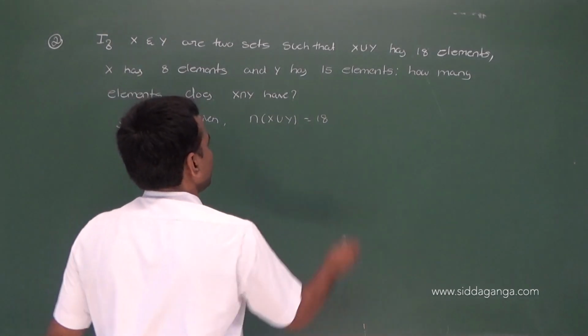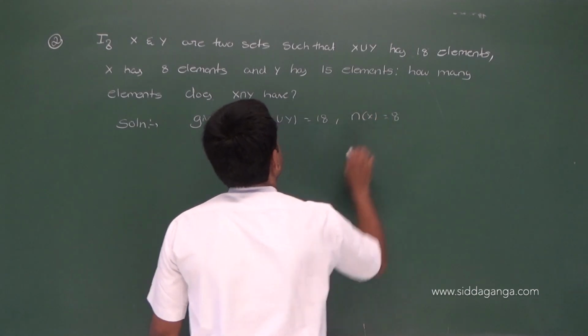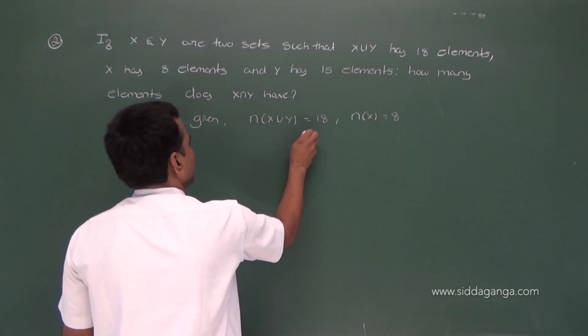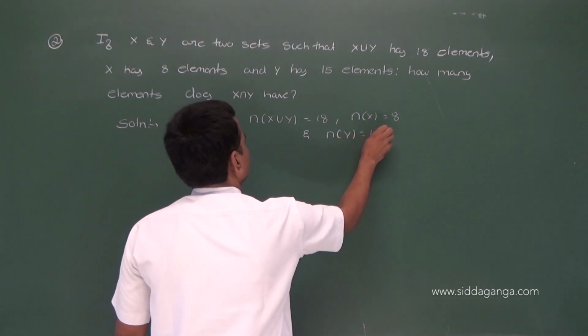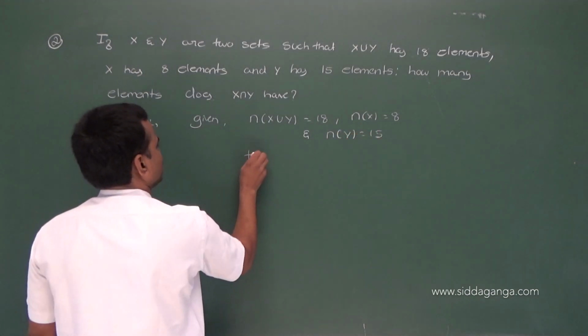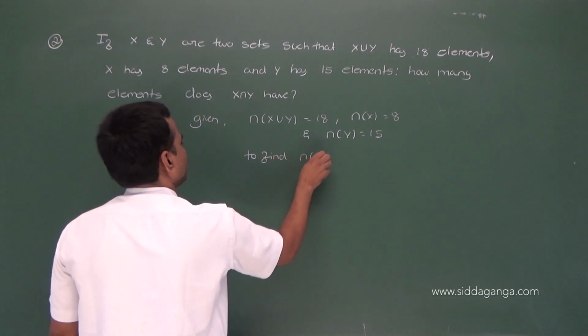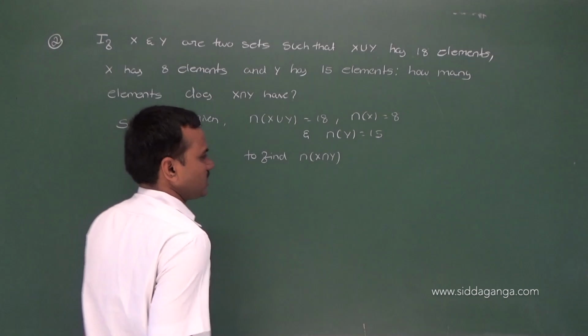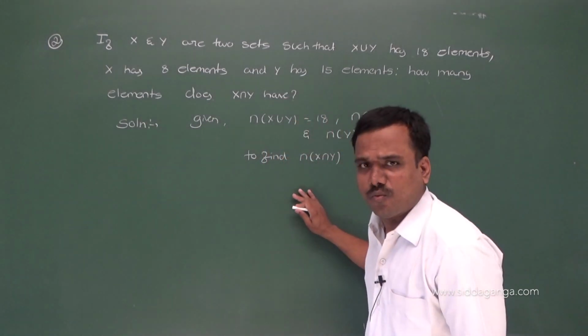X has 8 elements, n of X is equal to 8. Y has 15 elements, n of Y is equal to 15. To find what? n of X intersection Y, correct?